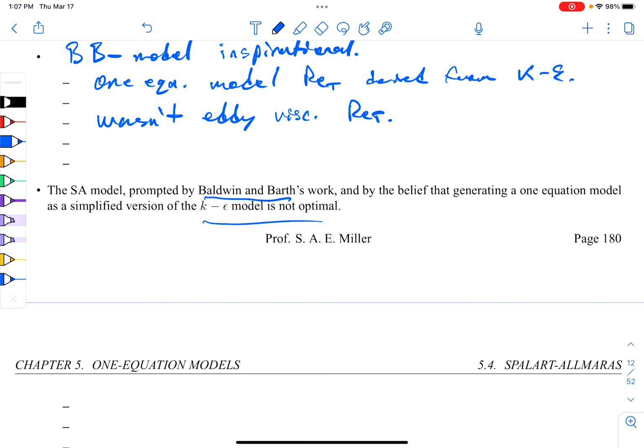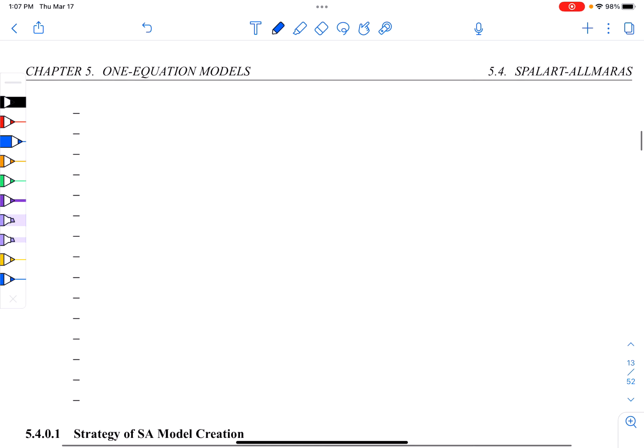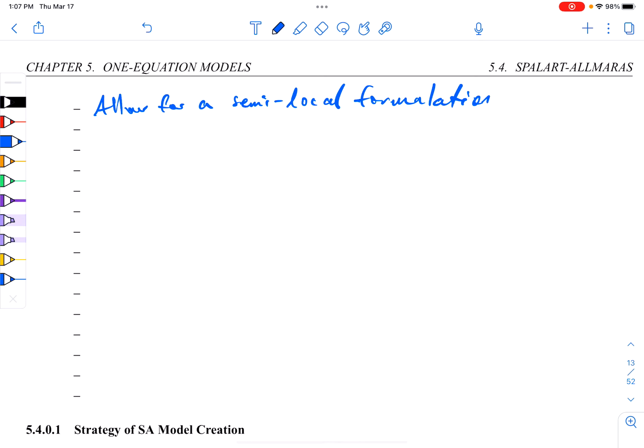So, let's see here. What they want is to allow for a semi-local, that's their terminology, formulation near the wall.